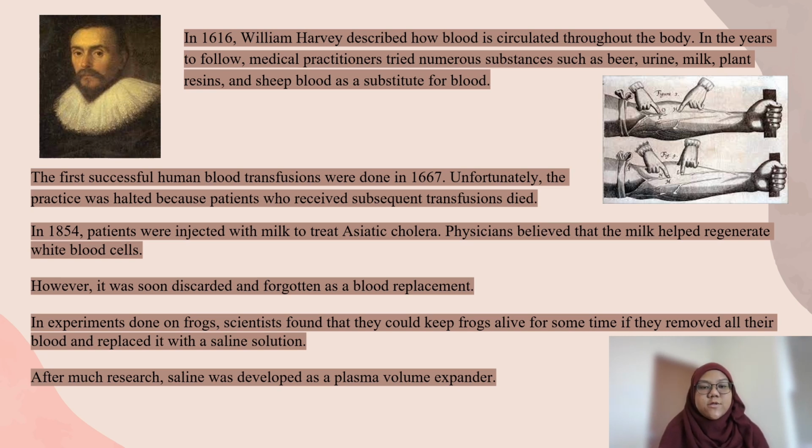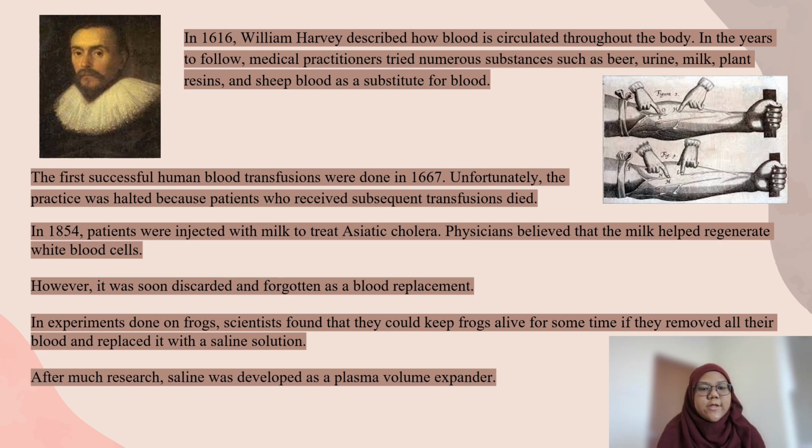Unfortunately, the practice was halted because patients who received subsequent transfusions died. In 1854, patients were injected with milk to treat Asiatic cholera. Physicians believed that the milk helped regenerate white blood cells. However, it was soon discarded and forgotten as a blood replacement.